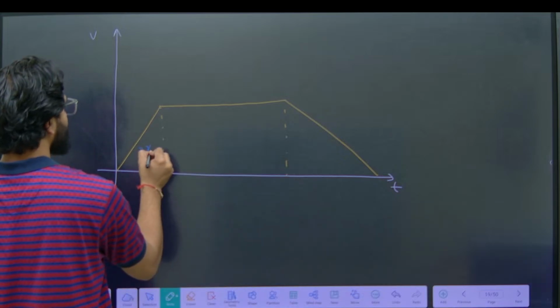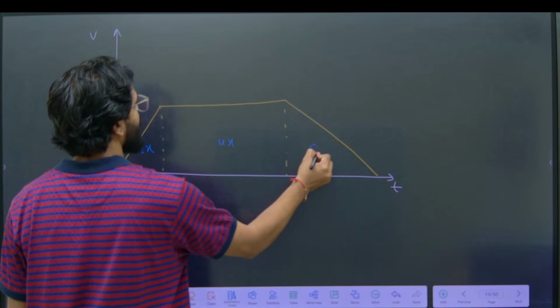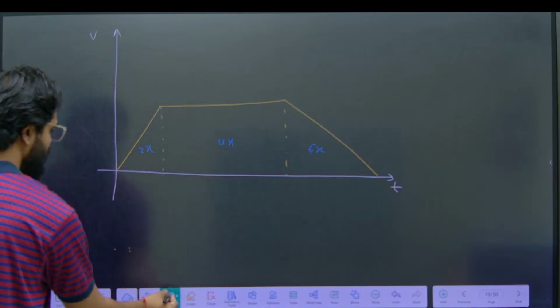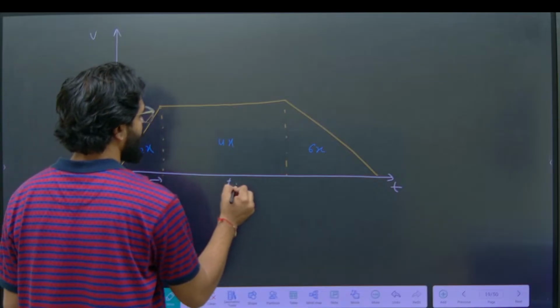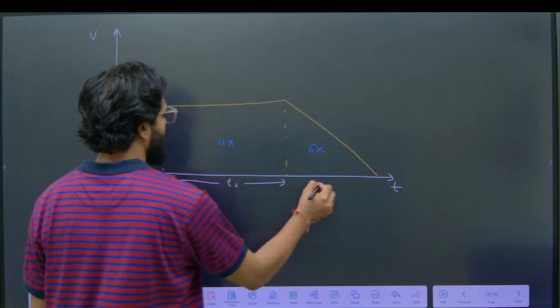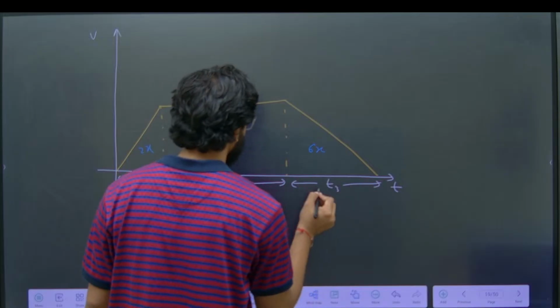It is 2x, this is 4x, and this is 6x. Let's call the times T1, T2, and T3. We do not know how much the acceleration is.